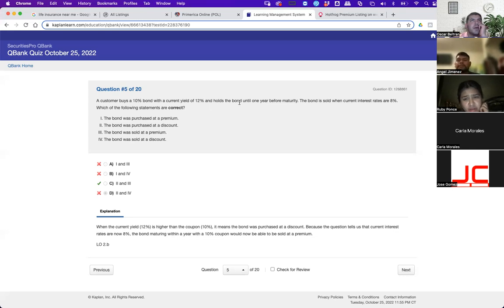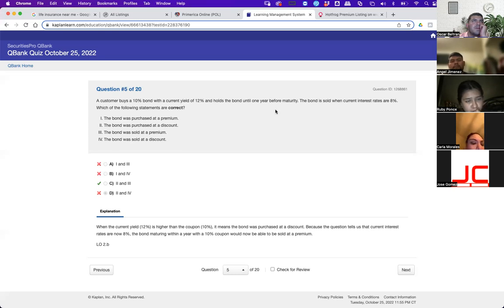The bond is sold when the current interest rates are 8%. Isn't that still a discount from 12%? Yeah, but here it talks about interest rates being 8%, right? Okay, I didn't read that right.